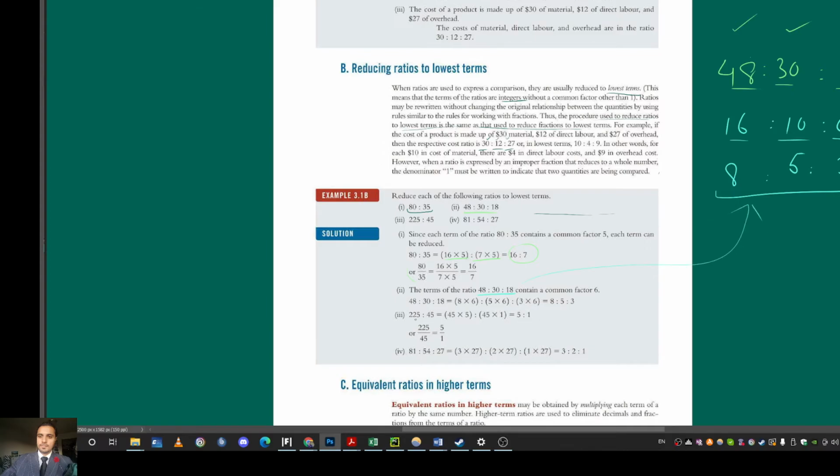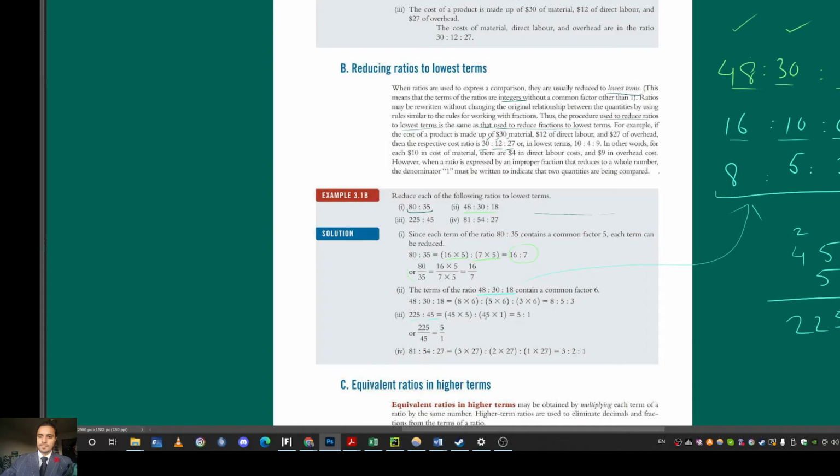All right, so let's look at the next one. 225 ratio to 45. He's doing the same thing. He found that 225 is divisible by 45, and so is 45 divisible by 45, right? So 45 goes into 225 5 times, and it goes into itself 1 time.